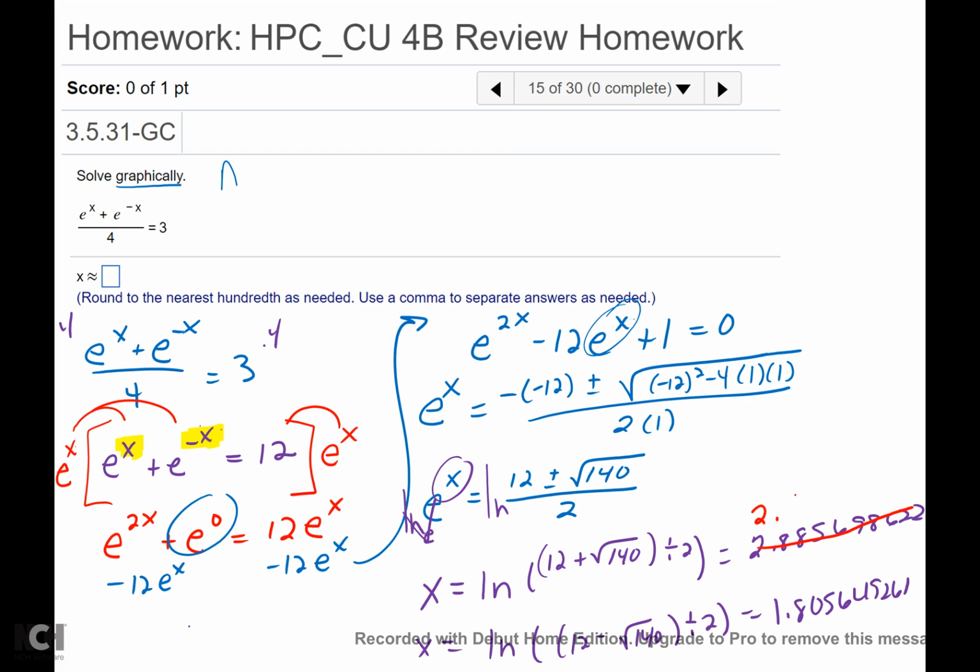There's my 2.477888873. And on this one, 12 minus the square root of 140. Enter, divided by 2. Natural log of that answer, and you get negative 2.4. I thought they were supposed to be the same. I knew something was wrong.